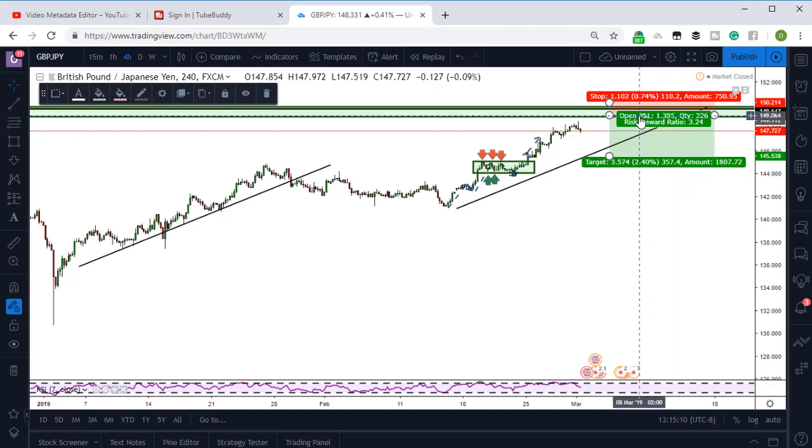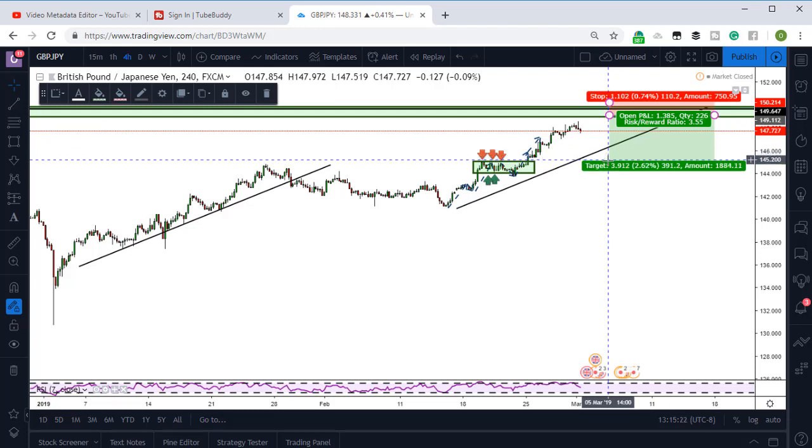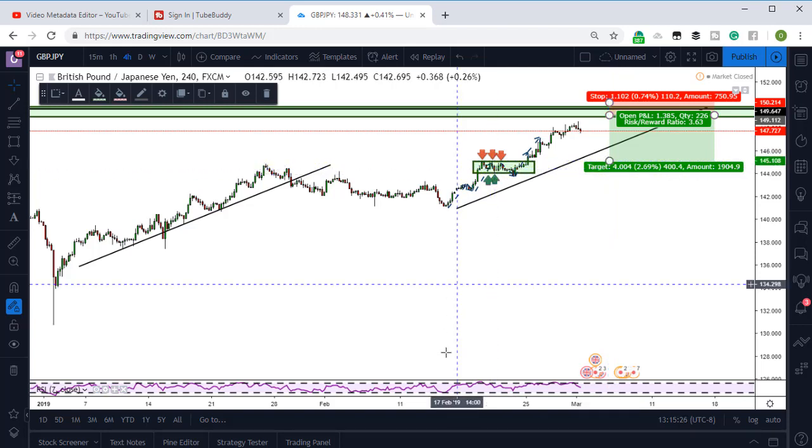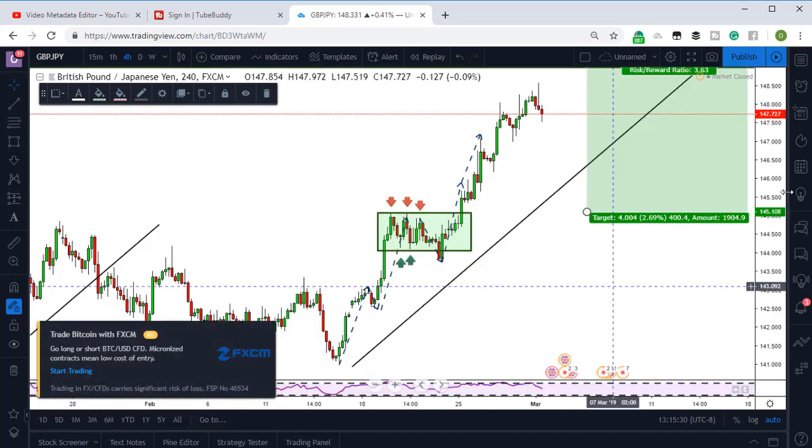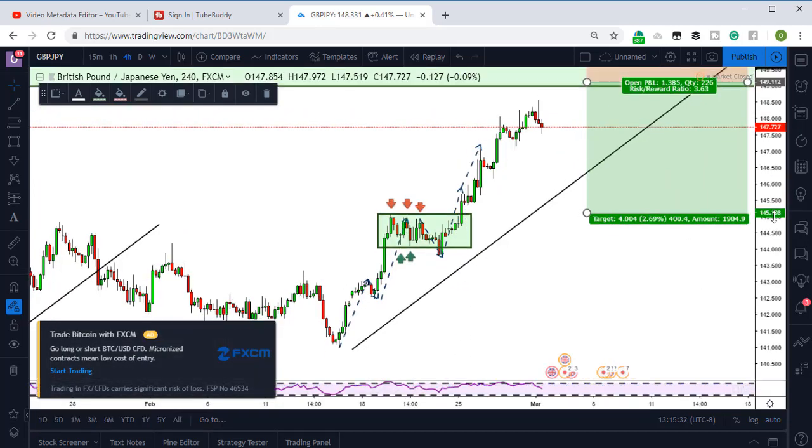And for my entry, I'm looking at 149064. And this will be where my entry will be, not exactly the level, but somewhere along those lines. And my first take profit will be back at this area where we had this major consolidation, and this is already a favorable trade, as you can see.